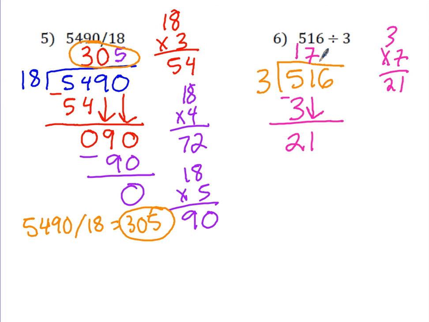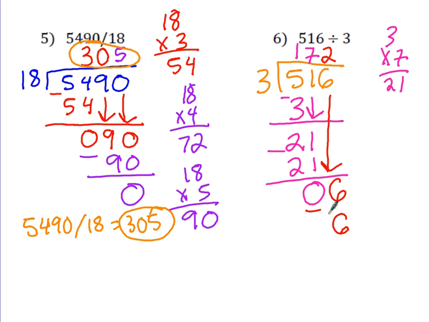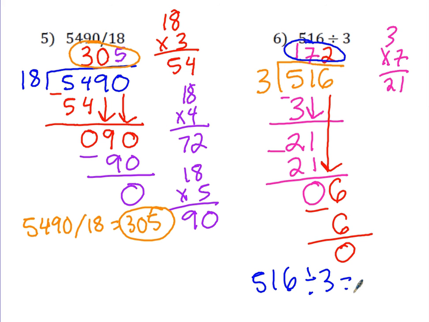So 7. 3 times 7 is 21. We subtract. 21 minus 21 is 0. And then we bring down the 6. And we think about 3 times what gives me 6? Well, that's 2. 3 times 2 is 6. We subtract. 6 minus 6 is 0. So our quotient here is 172. So 516 divided by 3 is 172.